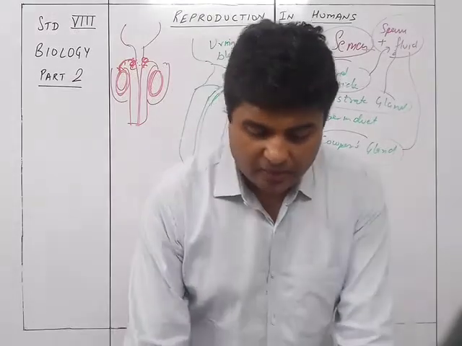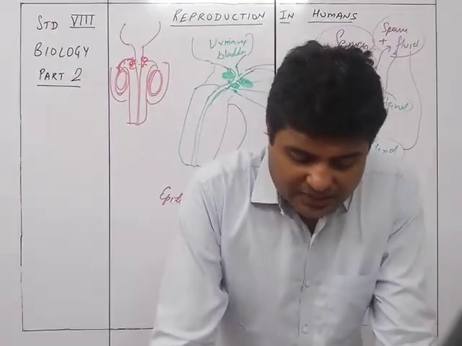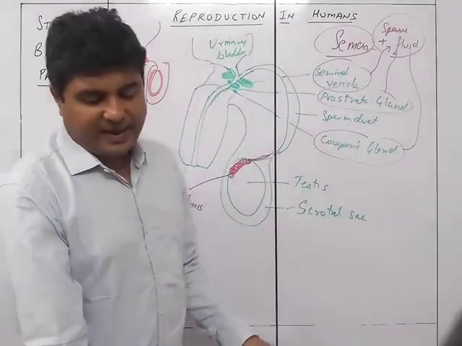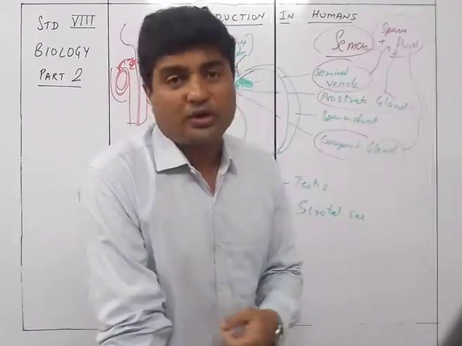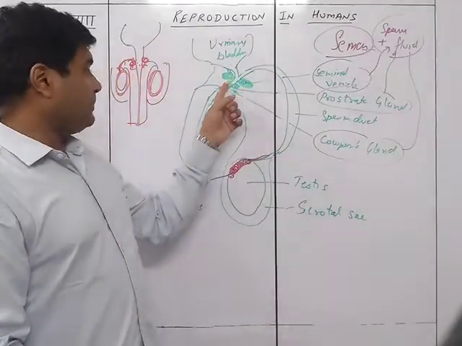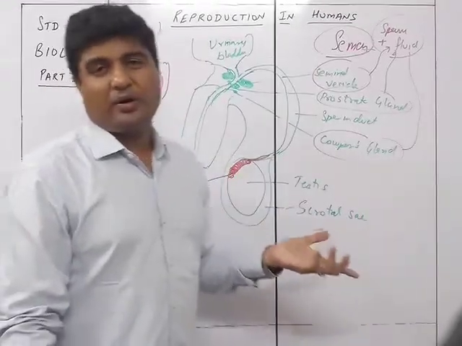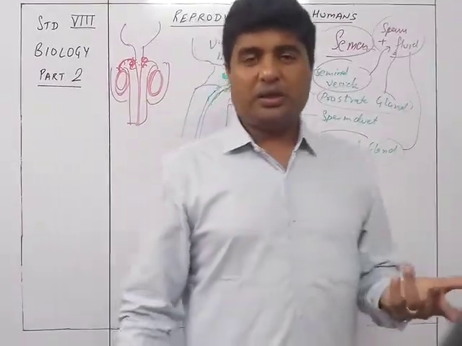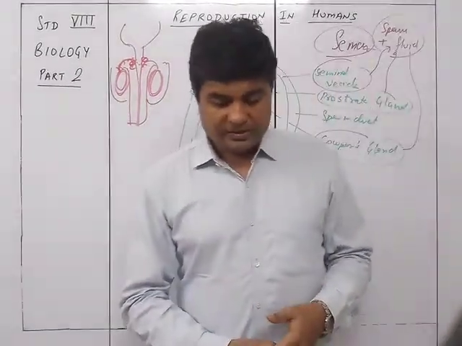You can see the urethra passes through the penis and carries either urine or semen. That is why it then passes to the penis, which can carry both the urine as well as the semen.